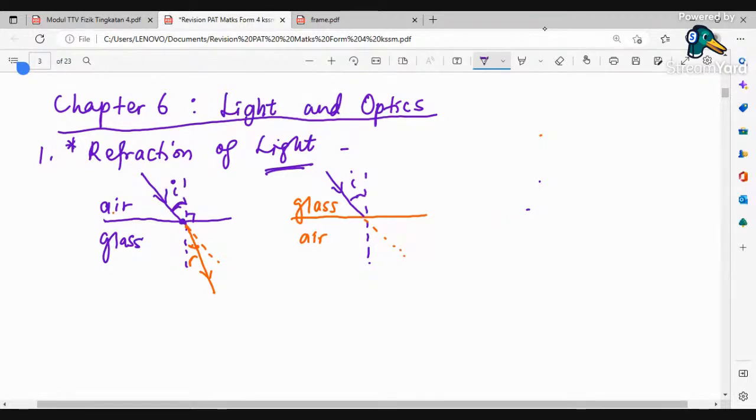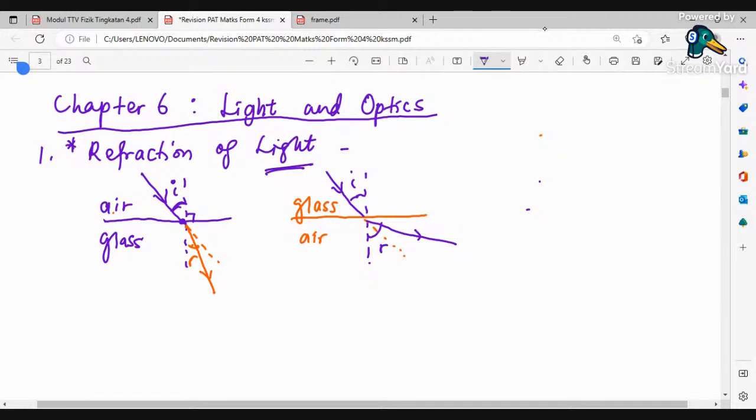So you draw above this line, any place above this. So angle R, this one. From denser to less dense, it bends away from the normal. You can see the angle R is bigger than I, because the speed increases when travelling from glass to air. So this is the concept of refraction you have to understand.